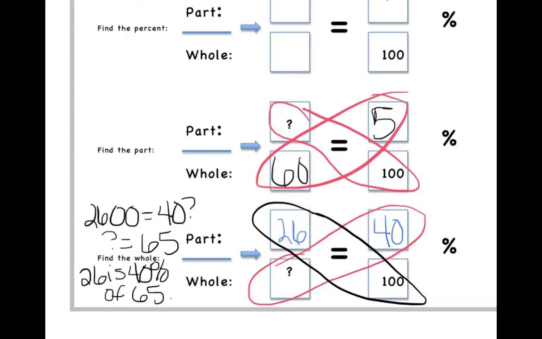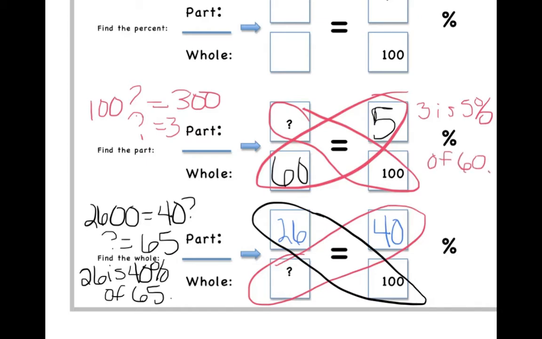We end up with 100 question mark equals 5 times 60, which is 300. 300 divided by 100 question mark is going to equal 3. So 3 is 5% of 60, and that's true. All right, let's do one more, one where we find the percent.